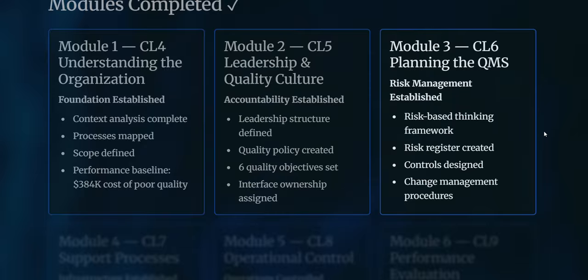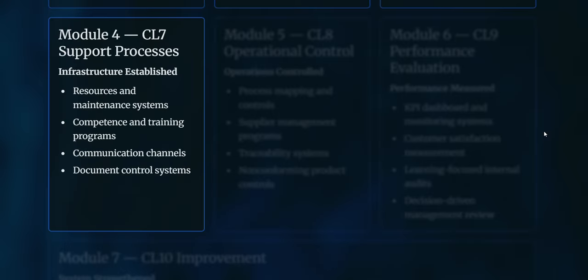Then we move to Module 3, which is Class 6, Planning the Quality Management System. Risk management has been established there, and we have covered risk-based thinking framework, risk register created, controls designed, and change management procedures. Then we move to Module 4, which is Class 7, Support Processes. The infrastructure has been established there, and we have covered resources and maintenance systems, competence and training program, communication channels, and document control system.